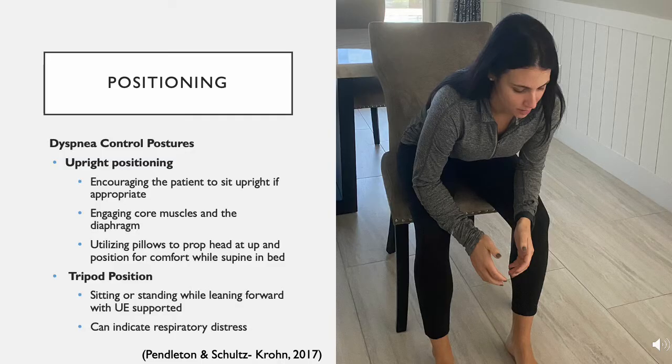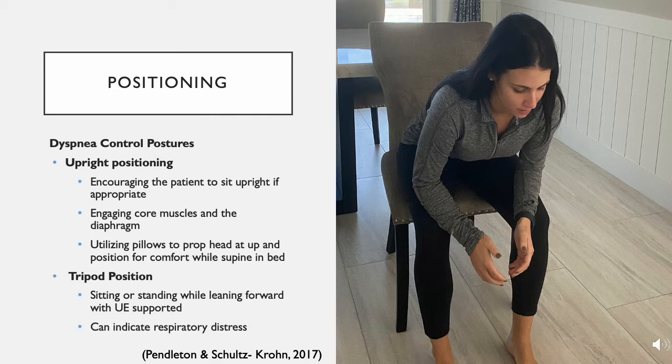Positioning. So today we will be talking about 2 dyspnea control postures, and that is upright positioning and tripod position. So with upright positioning, during our treatment sessions with patients, we always want to encourage them to sit upright when appropriate. So whether that be if we're getting them from bed to chair, just educating them on the benefits of sitting upright for a few hours versus just lying in bed.